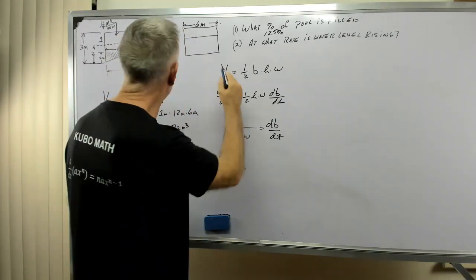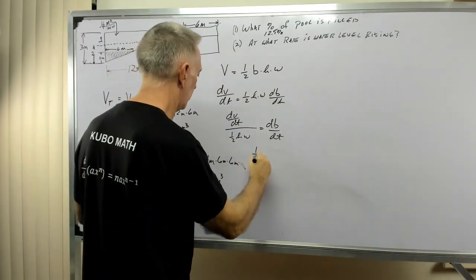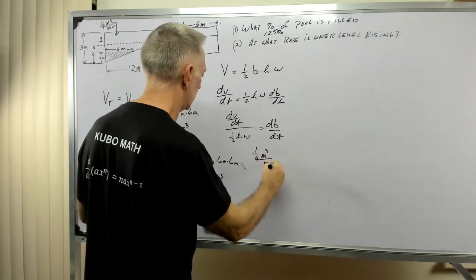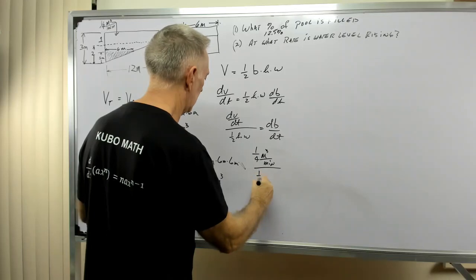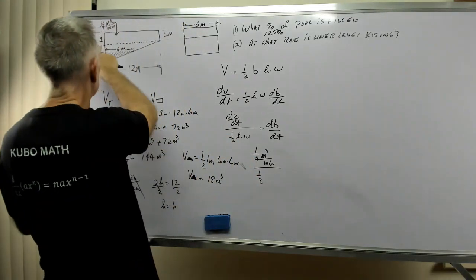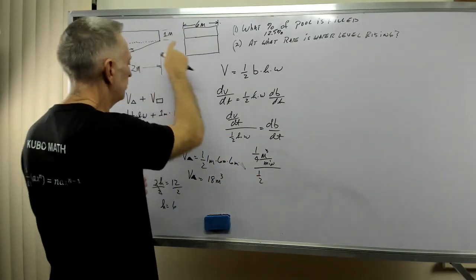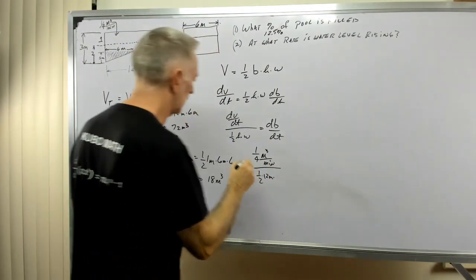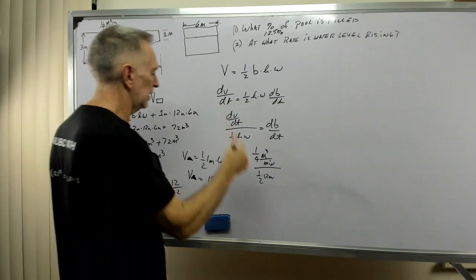All right, so we've got 1/4 cubic meter per minute divided by 1/2 h, which remember h is 12 meters, times 12 meters times our width, which was 6 meters.